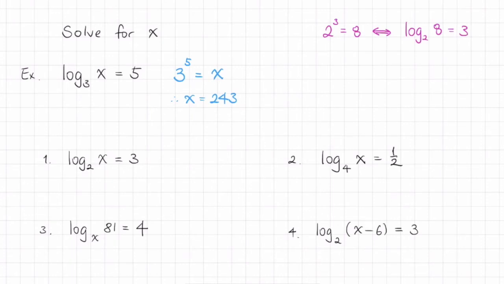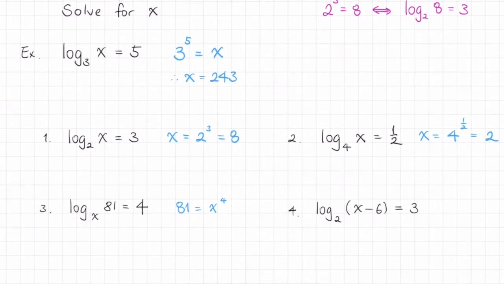Okay, we're back, and here we're looking at number 1. Base is 2 and the exponent is 3, so x is equal to 2 to the 3rd power, which is 8. Number 2, x is equal to base is 4, exponent is 1/2, that is 2. Now here it's a little bit different because 81 is x to the 4th power. Normally when you do this, you would take a square root and maybe a square root again.